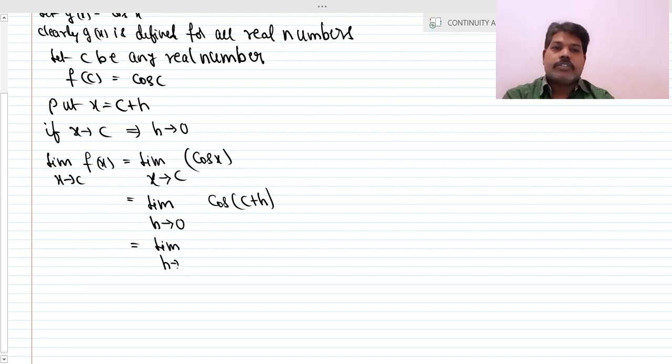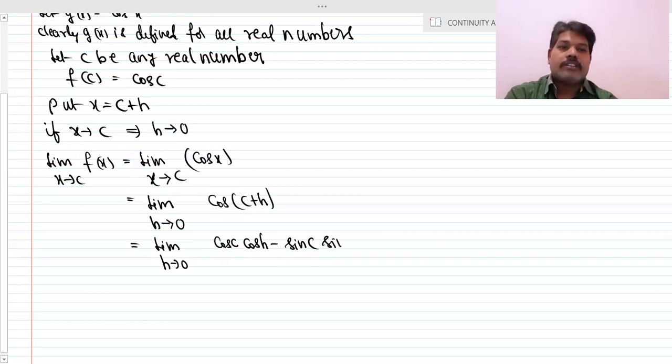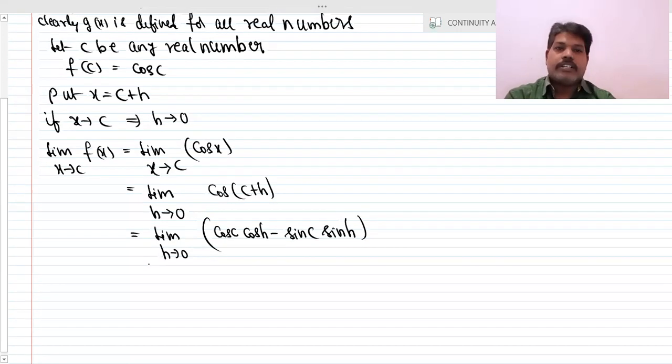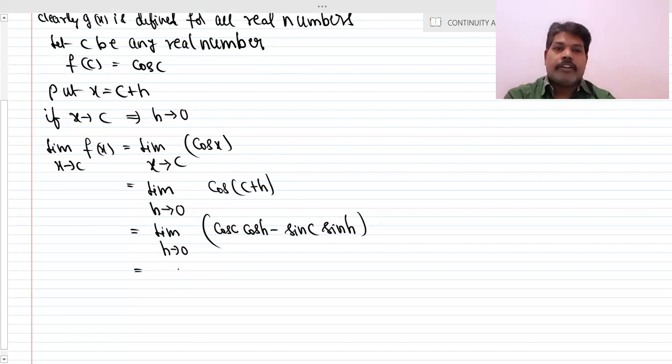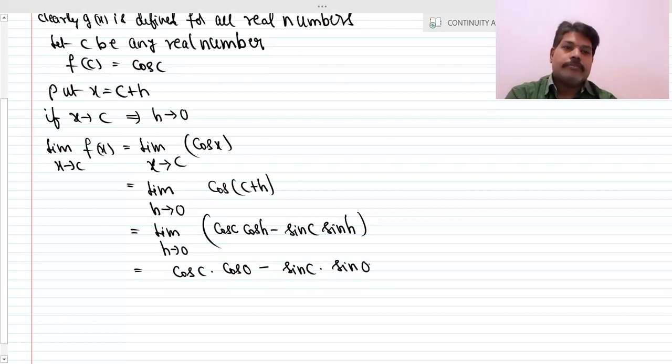The formula for cos of a plus b is cos a cos b minus sin a sin b. Apply the limit here, students. It becomes cos c into cos 0 minus sin c into sin 0.